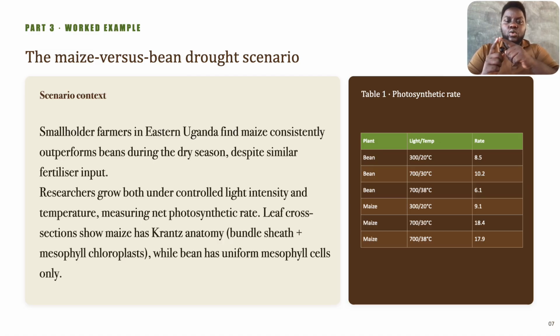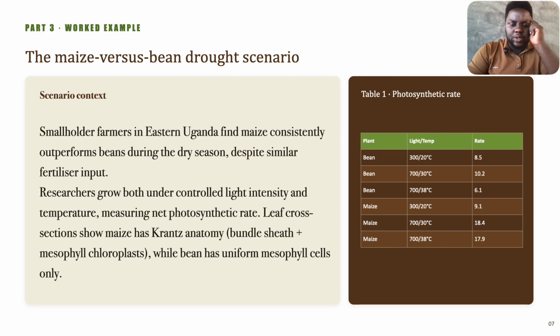The third clue is designed in the experimental design itself. They are testing for controlled light. Remember, whenever we are doing an experiment, we keep certain factors constant and we vary others, we change others, to see how they affect the rate of photosynthesis in a plant. So in this case, we have controlled light intensity and temperature.